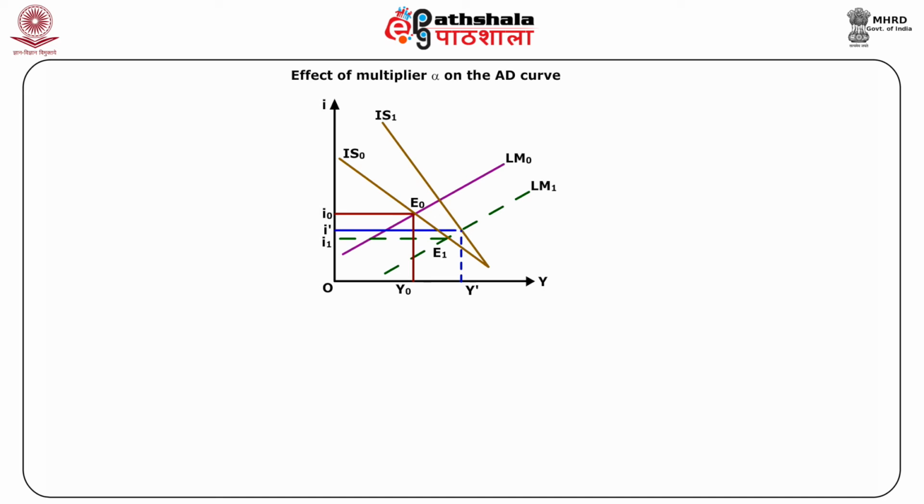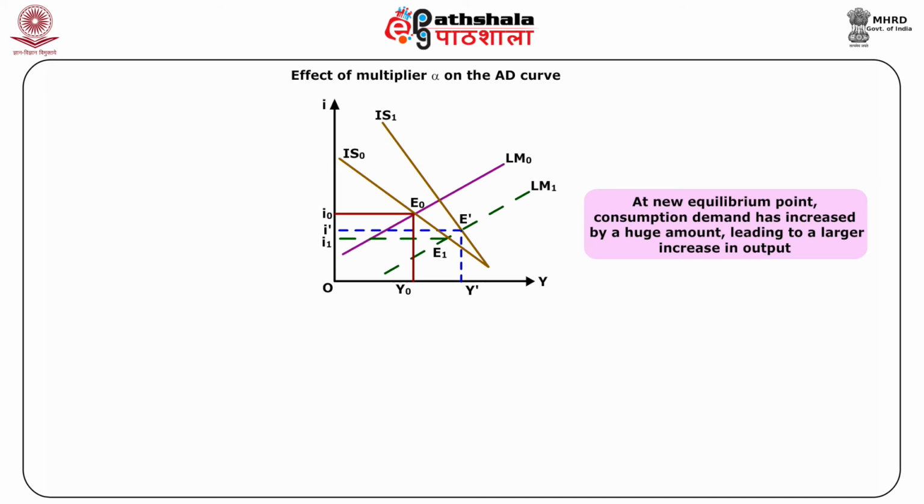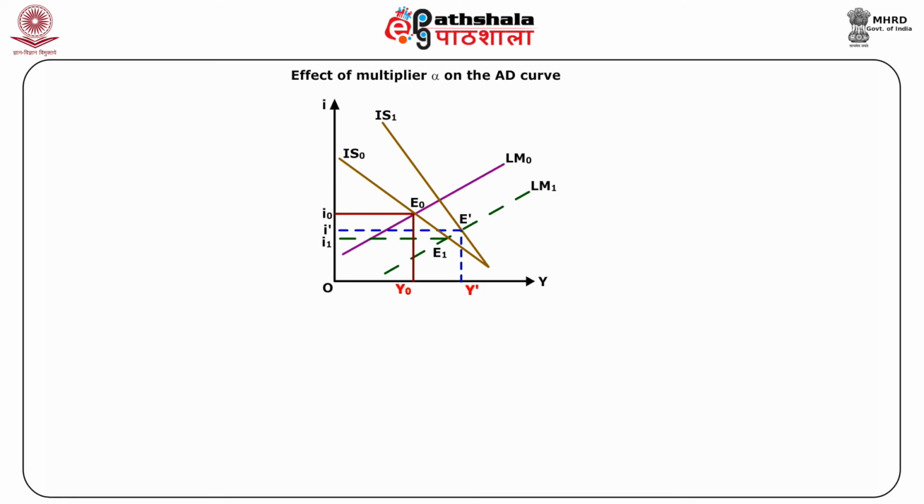As a result, the new equilibrium in the IS-LM framework occurs at point E dash, where LM1 intersects the IS1 curve. Thus, at this new equilibrium point E dash, consumption demand has increased by a huge amount, leading to a larger increase in output from Y0 to Y dash.